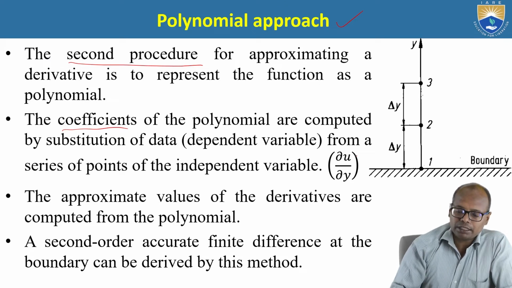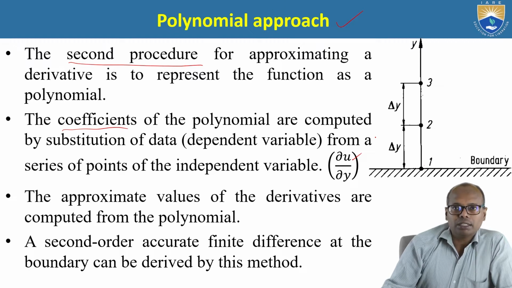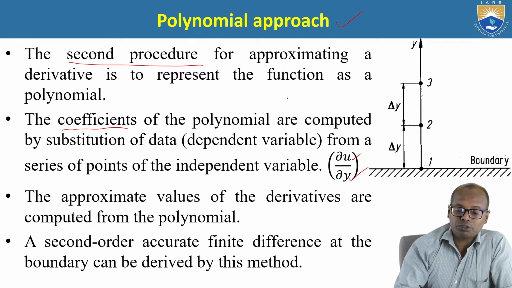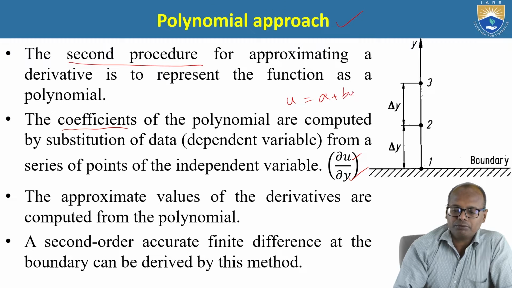In this, u is the dependent variable and y is the independent variable, and for dou u by dou y, we express u as a polynomial expression of y. Suppose you can write u is equal to a plus by plus cy square, something like that.